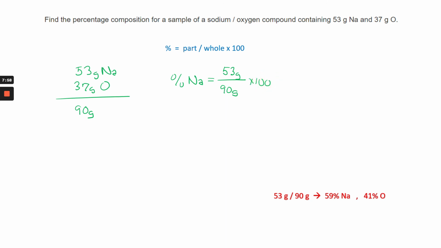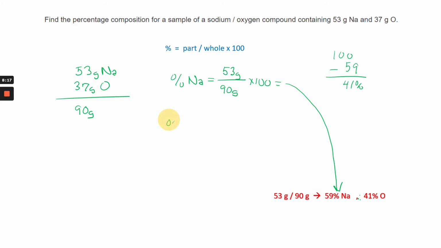That is 59% sodium. Therefore, the remainder, 41%, has to be oxygen, because 100 minus 59% is 41%.